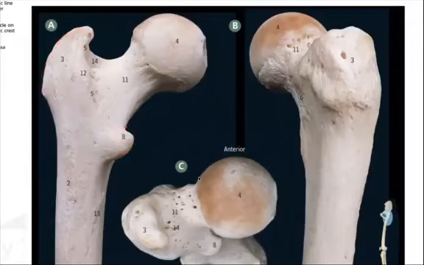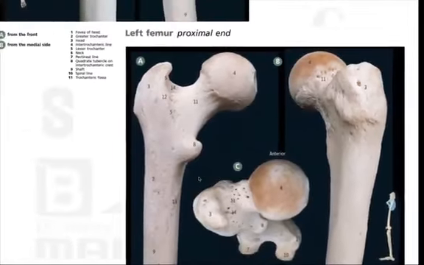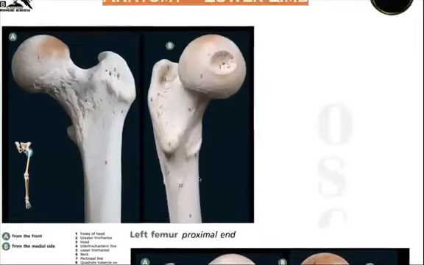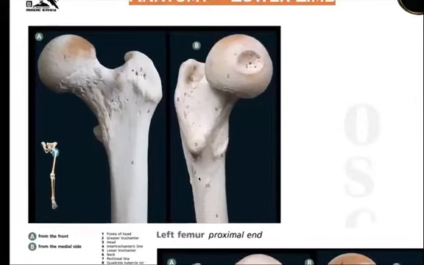This is known as the intertrochanteric crest, not the line. Also there is a single point, number 12, the quadrate tubercle. So about the identifying points and how you can orientate, is it clear for all of you?